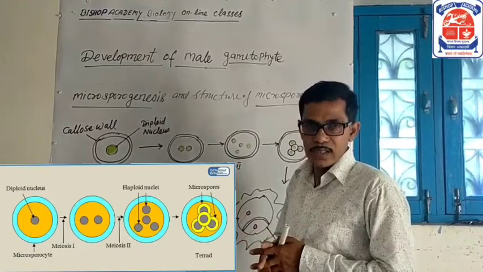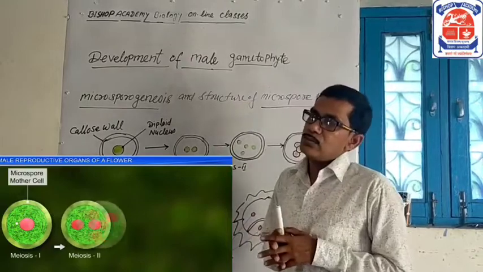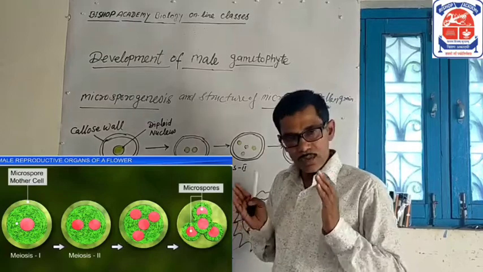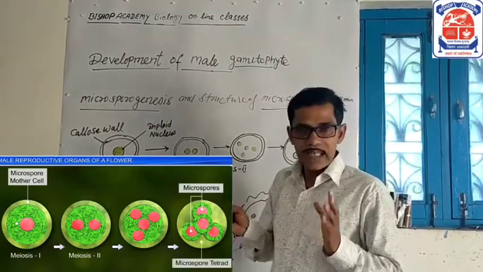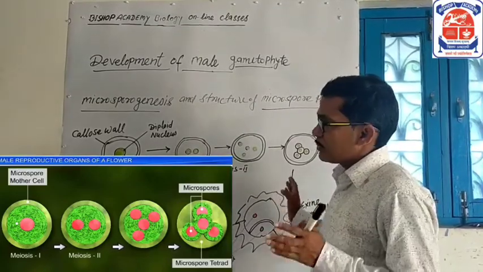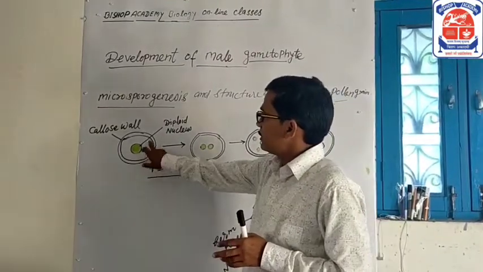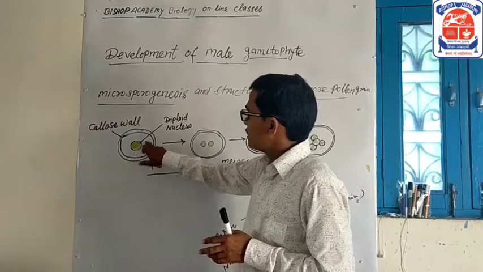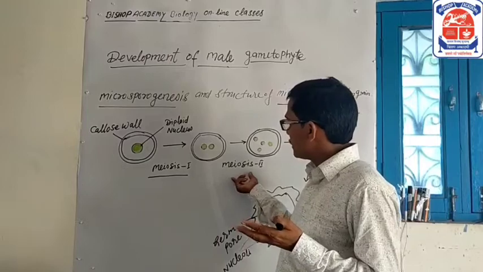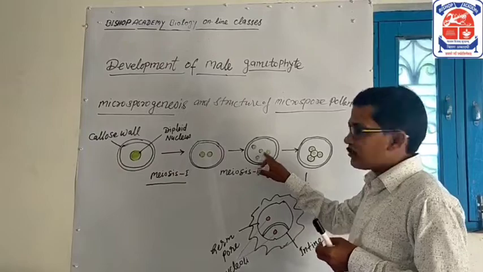Inside the microsporangia, the microspore mother cells are formed by the sporogenous tissue, and inside the sporogenous tissue meiosis division takes place and microspore tetrads are formed. When the microspore mother cell divides by the first meiotic division, the diploid nucleus first divides into two nuclei, and when the second meiotic division takes place, it forms the tetrads, meaning four nuclei.